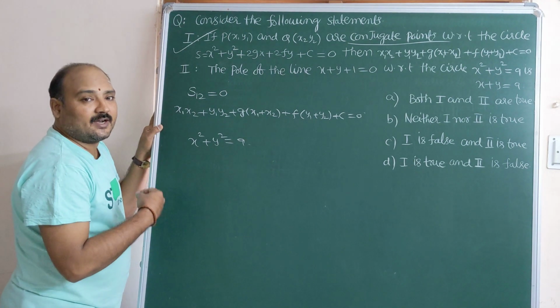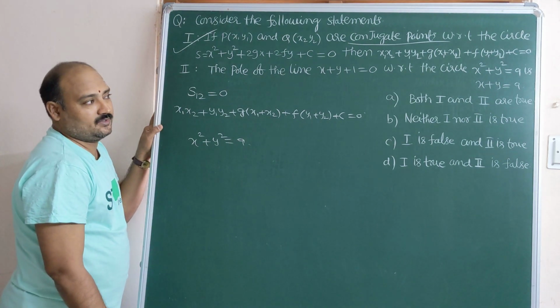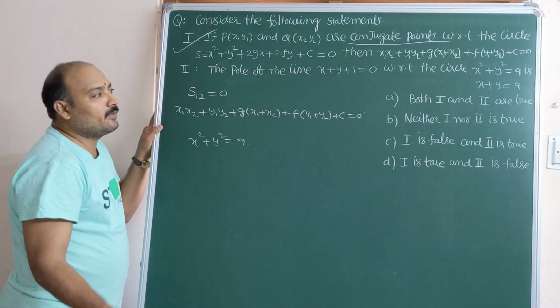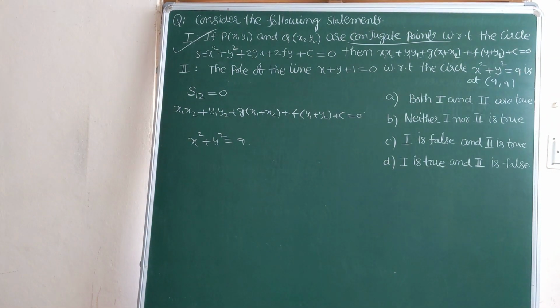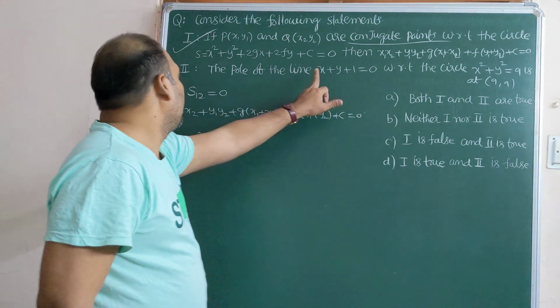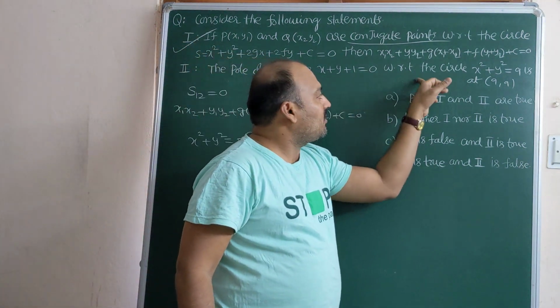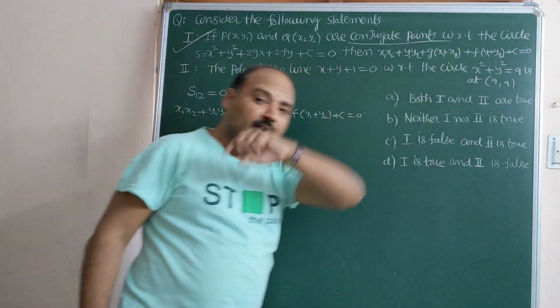Now I corrected it, students. x plus y plus 1 equal to 0 is the polar of this circle at the point 9, 9.